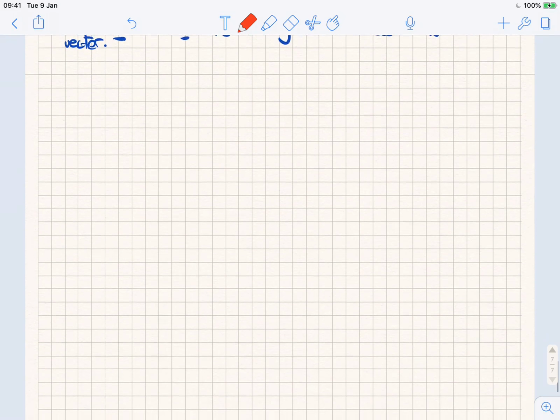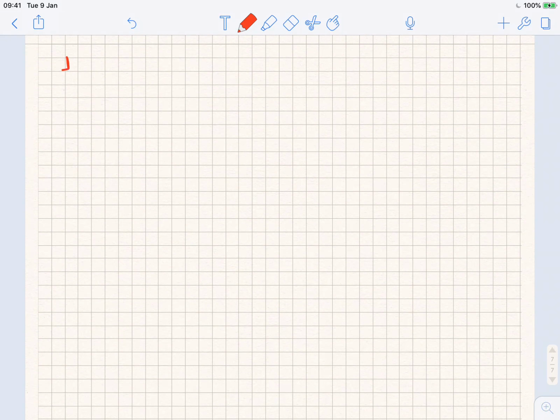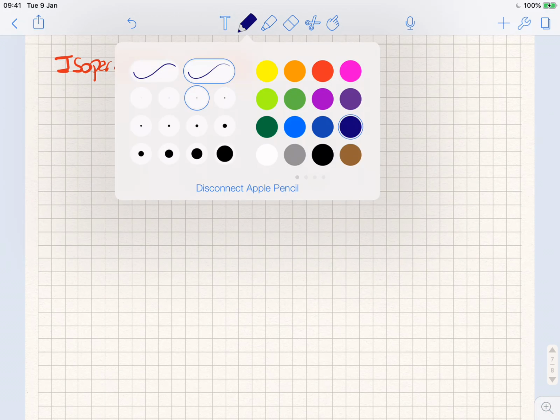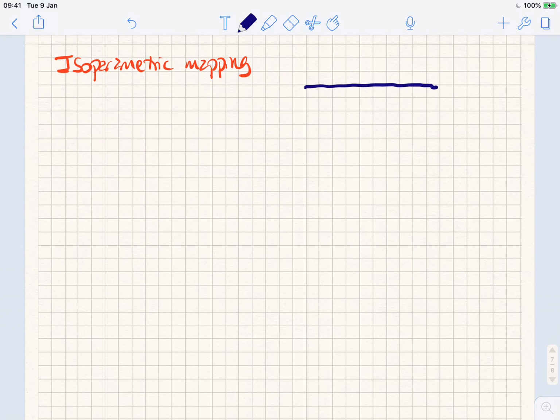Okay. So today we're going to look at isoparametric mapping. So this is going to be our bar segment.